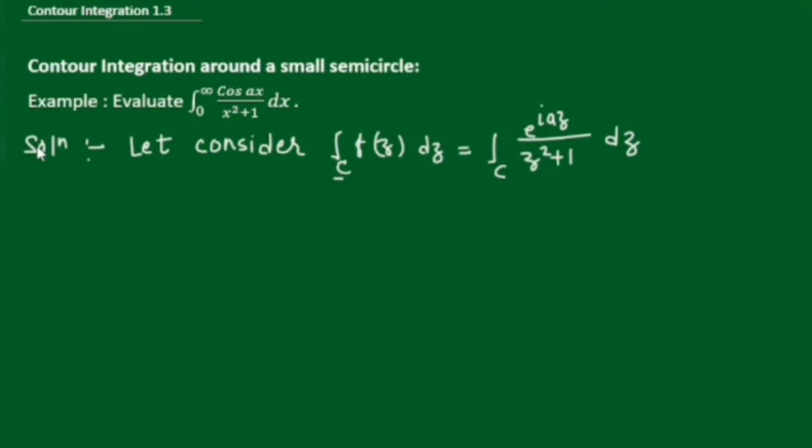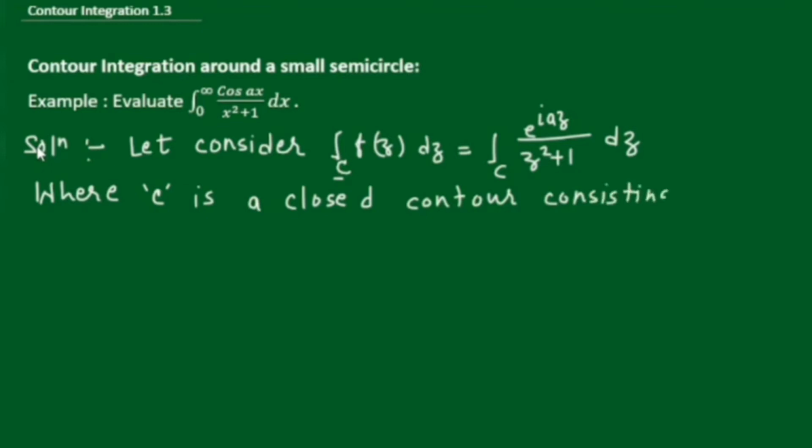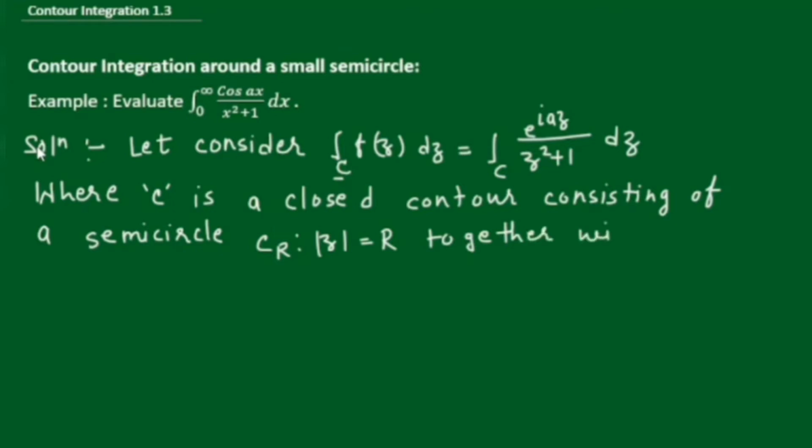Here C is a closed contour consisting of a semicircle CR which is centered at origin and with the radius R, together with its diameter from minus r to plus r.